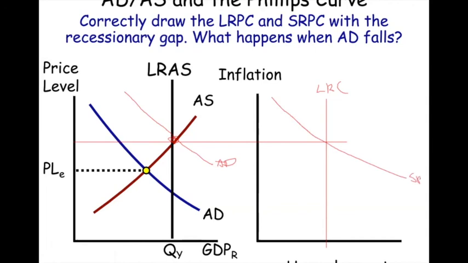Short run Phillips curve. Notice this one's going down to the left. Price level went down, unemployment went up. So I need to show price level going down, which is inflation going down. And I need to show my unemployment going up. There it is right there. So I can actually label these right here.